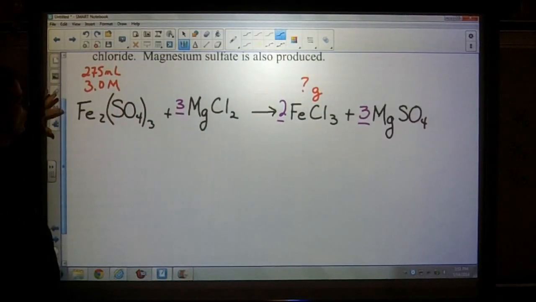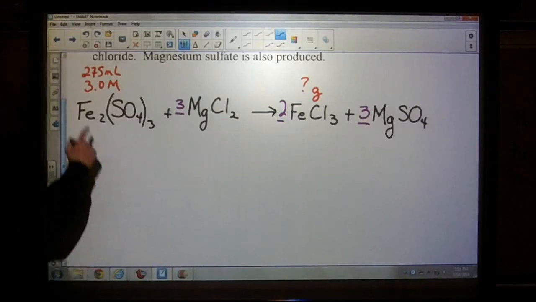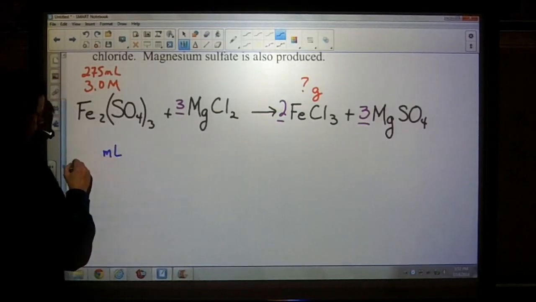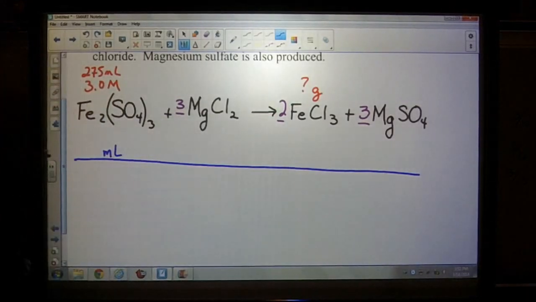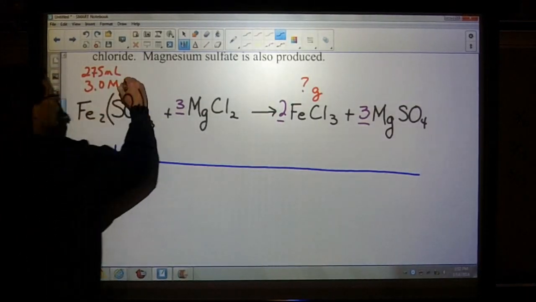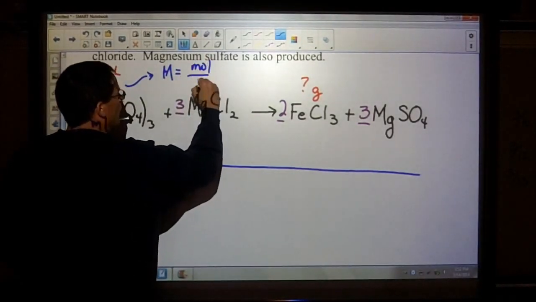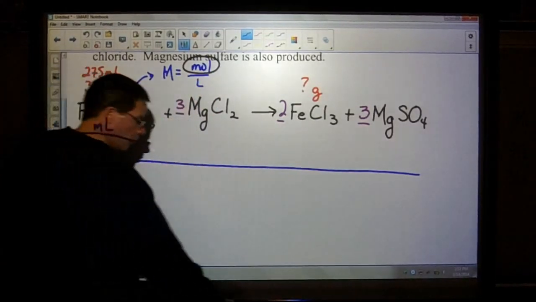Now in this case, we actually have 275 milliliters of a 3 molar solution. So we have a volume and a molarity. If you have the volume and the molarity, start with the volume. So in this case, I'm not going to put the numbers in. We're going to go milliliters. And again, we want to convert the milliliters into liters because, when you look at molarity, it's moles over liters. So if we can cancel out the volume, we'll be left with our moles.